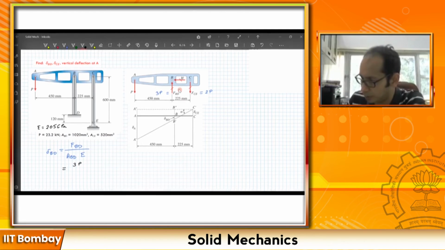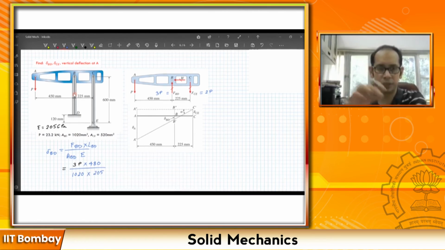Oh, sorry, there will be a times L, PL by AE, remember? So it will be FBD times the length of BD, which is 600 minus 120, that is 480 mm, divided by the area of BD, which is given as 1020, times the E, which is 205.